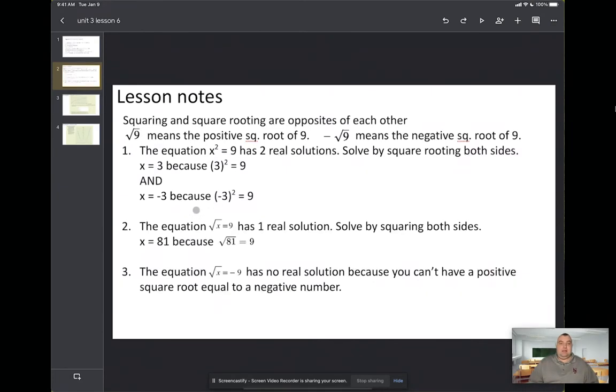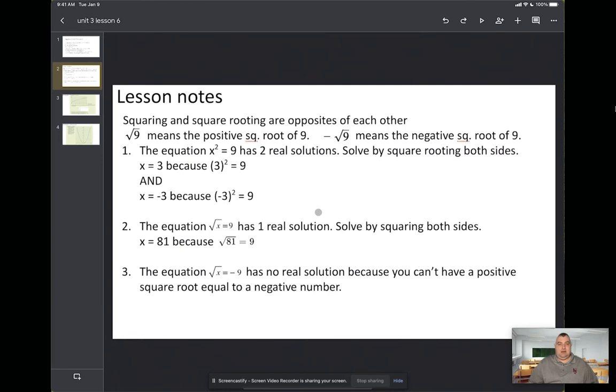Okay. If I have the square root of something, more specifically the positive square root of x equals a positive number, that's only going to have one real number solution, because in this case, we're going to solve by squaring both sides.